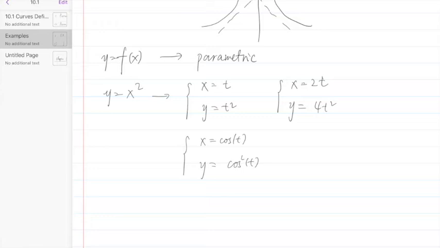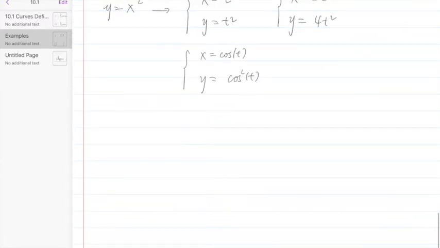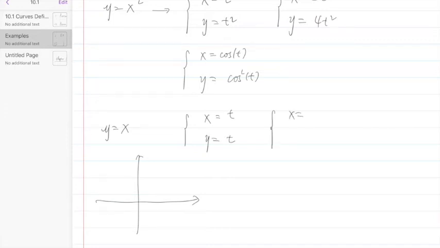But number one is, what's the difference between all these? Number two, is there an easier one? If all of them make sense, which one should I pick? To see the difference, you probably want to start with something very simple. Let's start with this one to illustrate. This is clearly a straight line. I'm just going to pick three parametric equations. The first one is x equals t, y equals t.